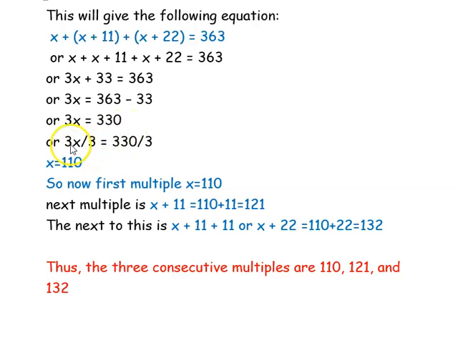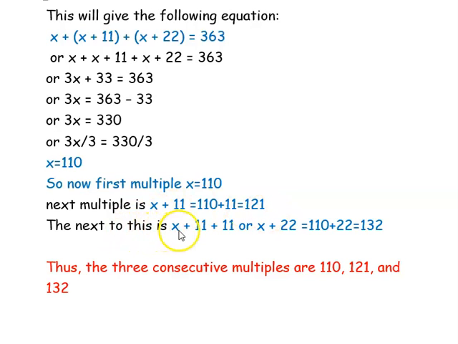Now you want only the variable x. So you are dividing by 3 on both sides of the equation. So 3x by 3 equal to 330 by 3. You will get x equal to 110. So now we have found out that the first multiple, that is x, equal to 110. The next multiple we have taken as x plus 11, so it will be 110 plus 11, that is 121.